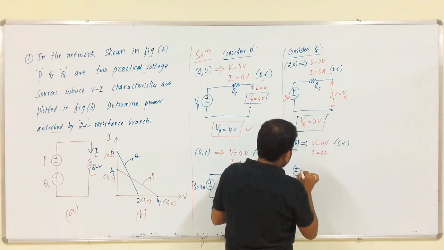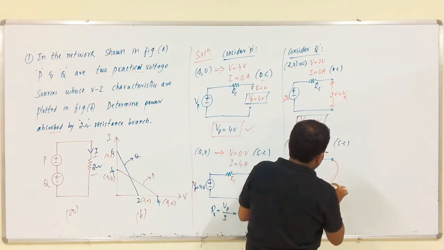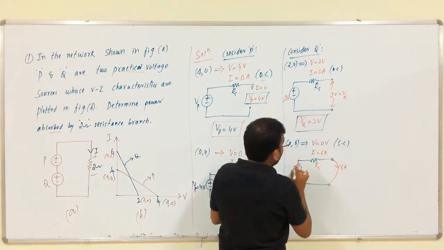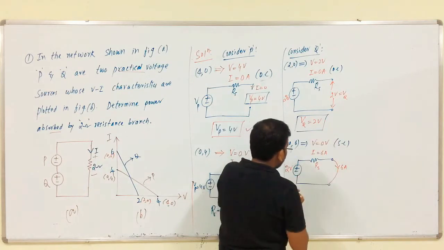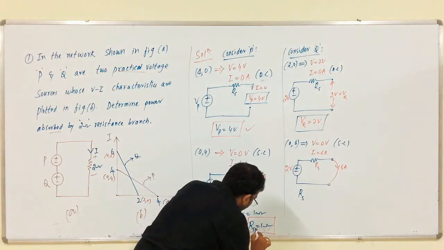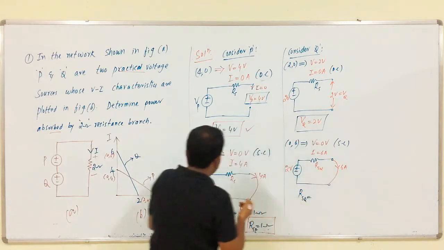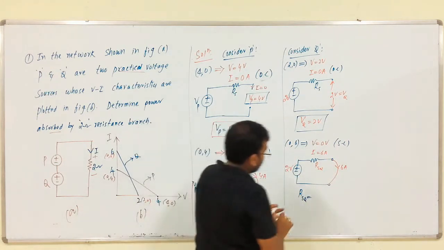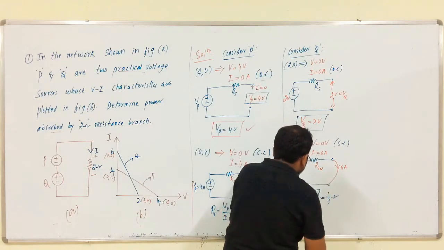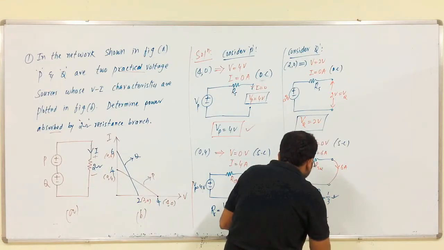So, plus minus short circuited, this is 6 amps, this is RS, this is VQ, VQ is 2 volts. So, from this RS, it is better to write RSQ for Q and RSP for P, internal resistance of Q is 2 by 6, which is nothing but 1 by 3 ohm.